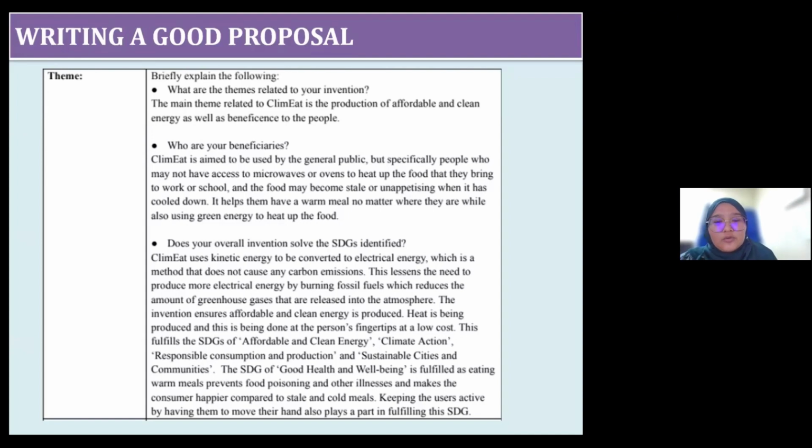Okay, any question about this subcomponent of theme for your proposal?